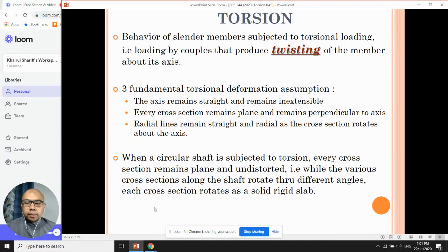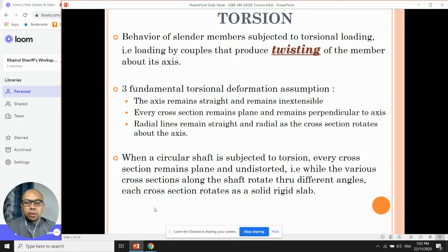This is just a brief introduction about the torsion. I think you can read the information that I give to you on the slide, but I want to attract your attention to what torsion means. In simple words, torsion means loading by a couple that produces twisting of the member about its axis.